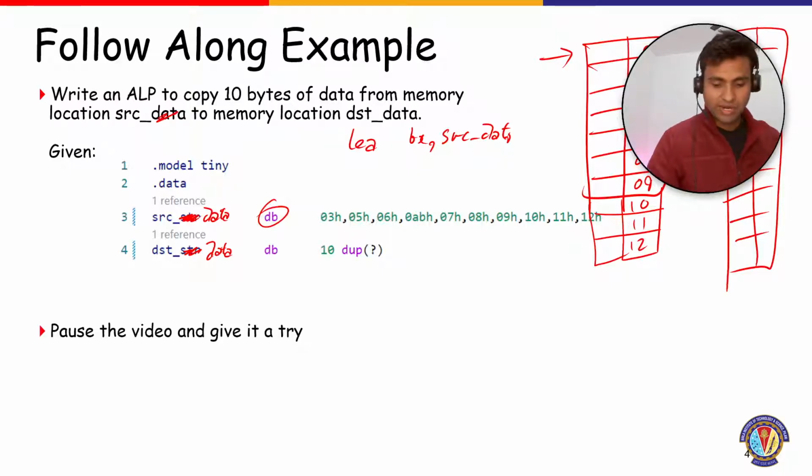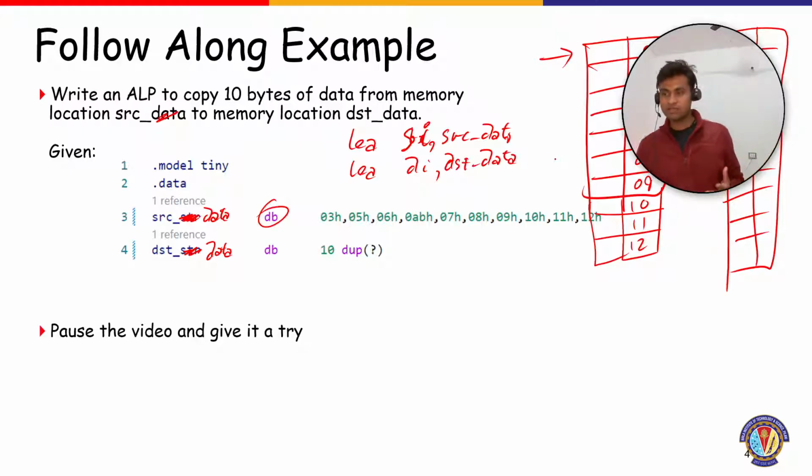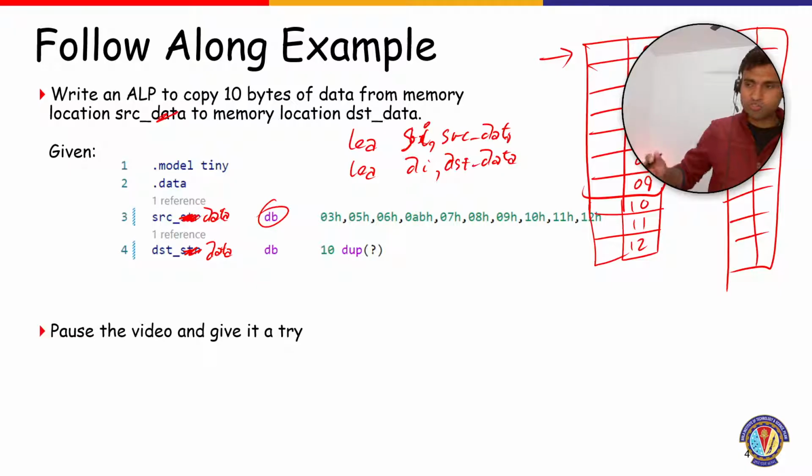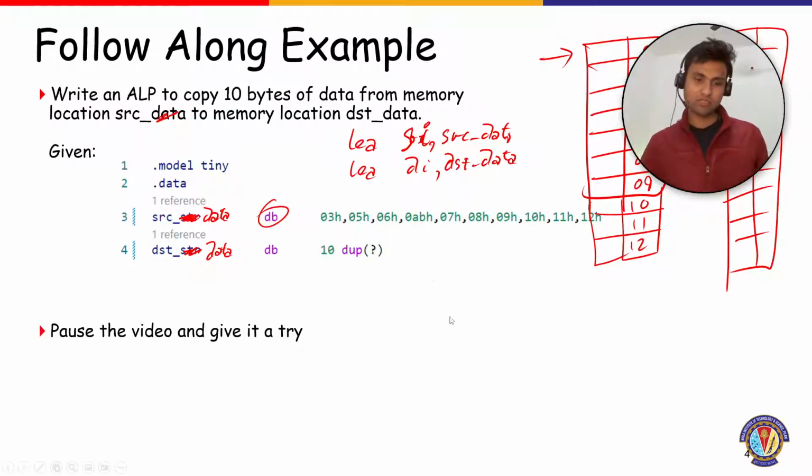Ideally, I store the source in SI and the destination data in DI, and I have to copy this. Obviously there is no such thing as moving one memory location to another memory location, so I might take a very naive approach. So just pause the video, give it a try, and we'll look at the solution.